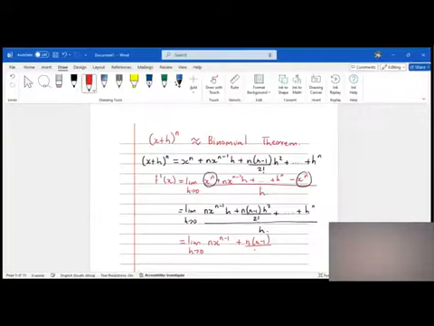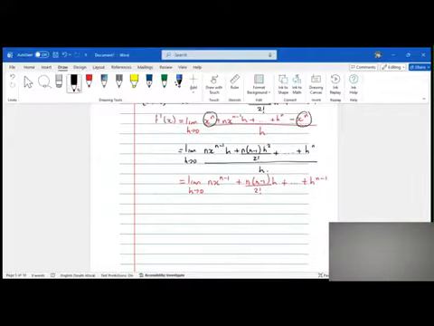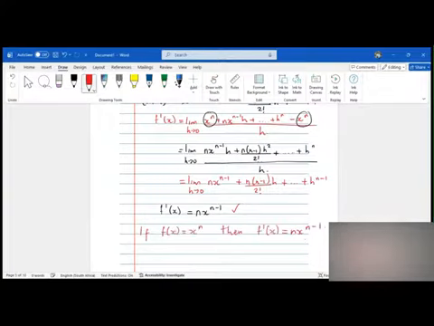Okay, so taking the limits, if you plug in 0, all the remaining terms vanish, and the derivative of that function will just be n x to the power of n minus 1. And we just proved that part there.